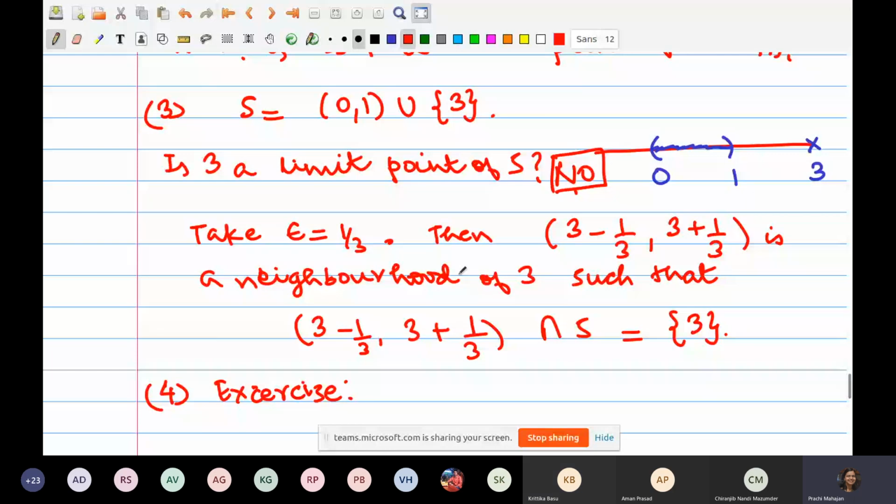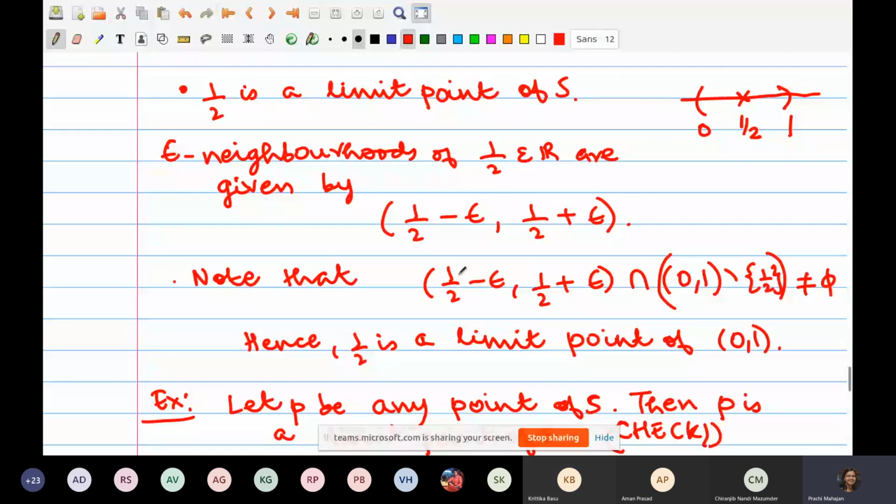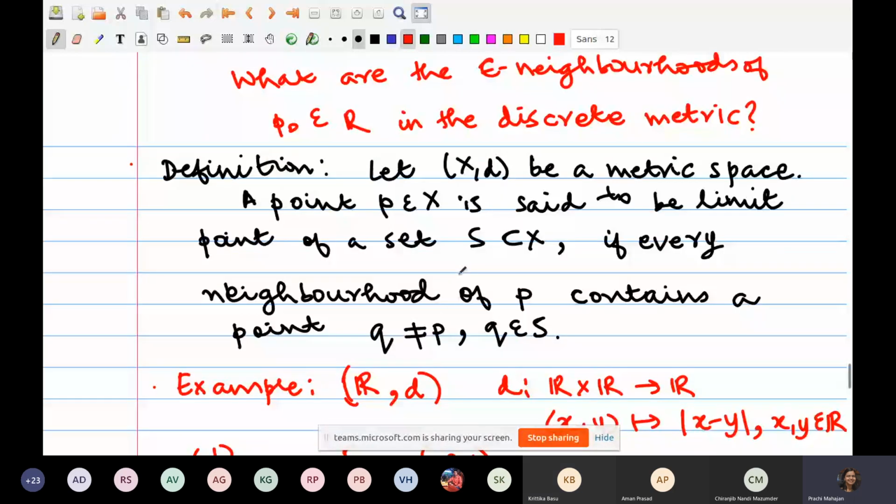Here (X, d) is a metric space, S is a subset of X. We say P is a limit point of S if every neighborhood of P contains a point of S different from P. So every neighborhood of P must contain one point which is different from P.